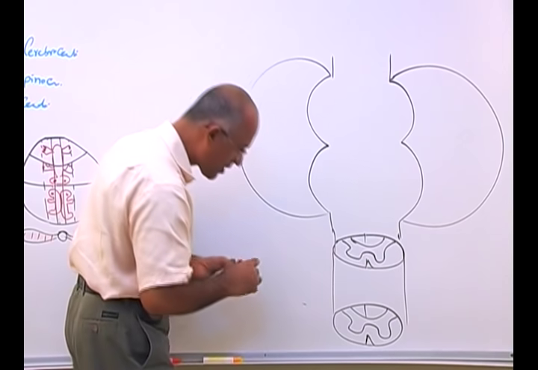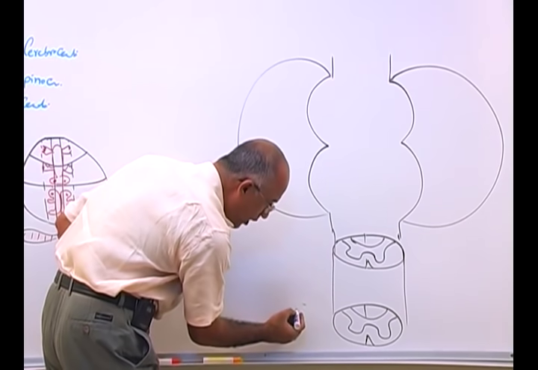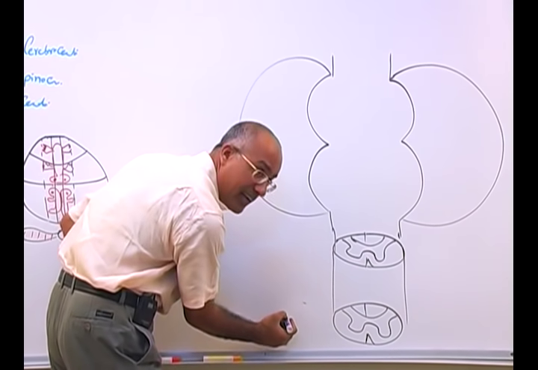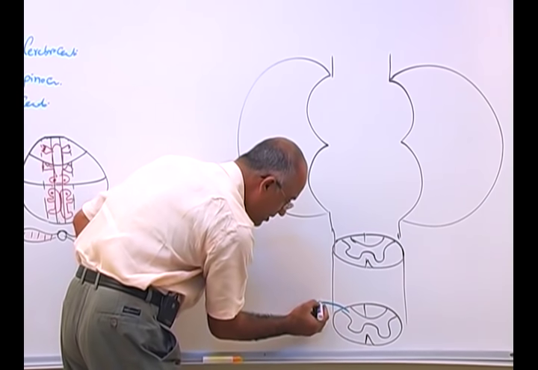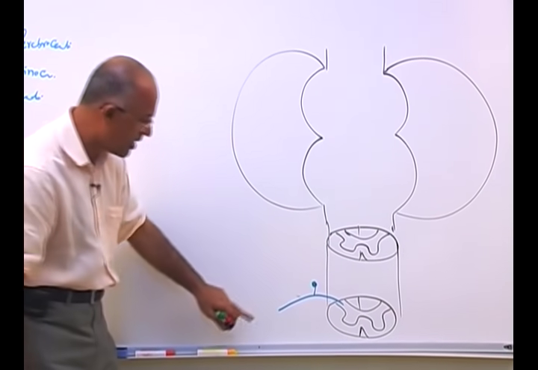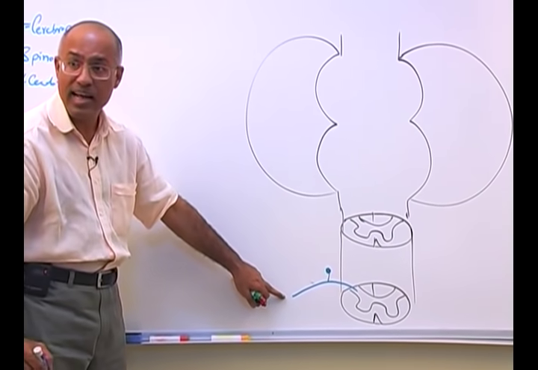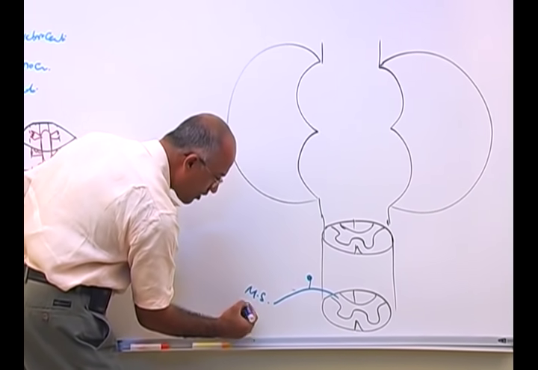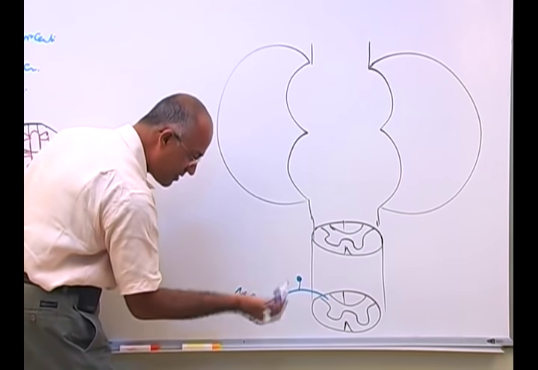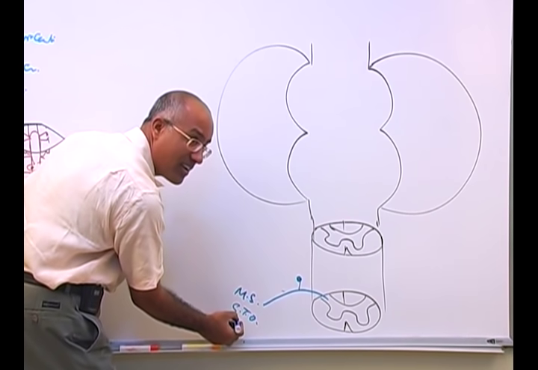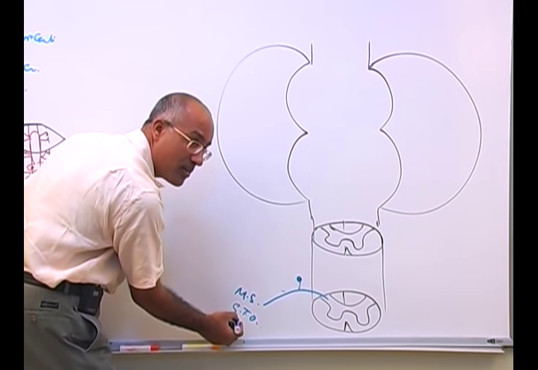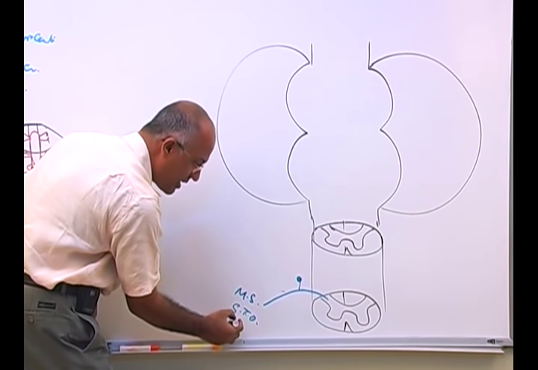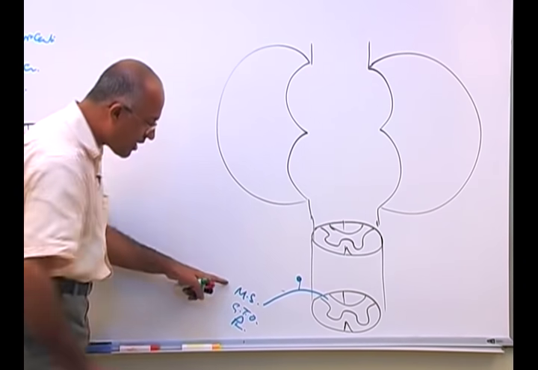Number one, for example, from the lower limb, this is the posterior root ganglion, from the lower limb and lower part of the trunk, information is going from muscle spindle, Golgi tendon organ, Pacinian corpuscle, then others.